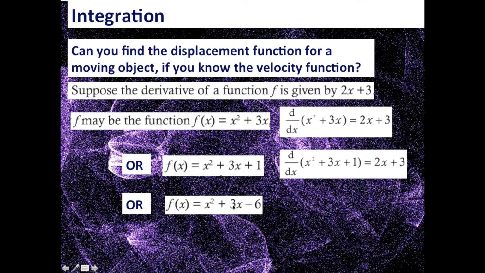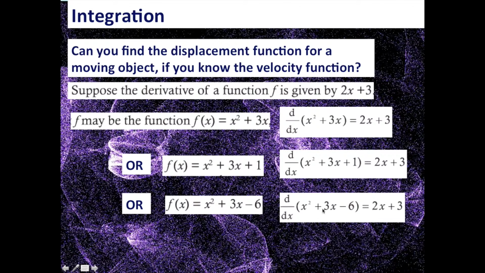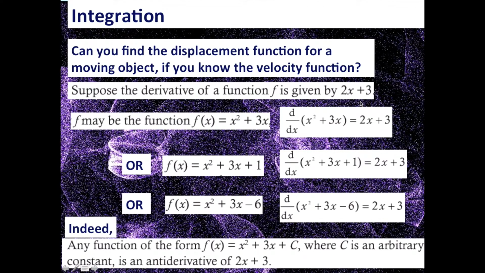Could also be this, x squared plus 3x minus 6, because when I take the derivative of this, I also end up with 2x plus 3. And indeed, there's an infinite number of answers that I could have here. So this constant value here could be anything at all, and when I find the derivative, I still end up with 2x plus 3. So in general, any form of the function, x squared plus 3x plus c, will give us the derivative of 2x plus 3.